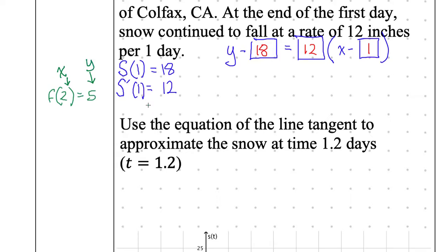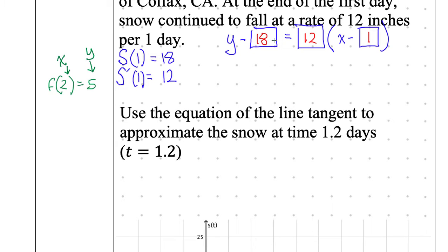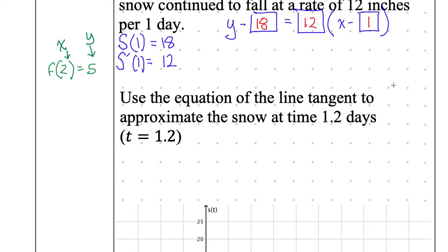All right, so now we're actually going to use this equation that we found to approximate how much snow there is at 1.2 days. So I'm going to rewrite y minus 18 is equal to 12 times, and then in the space of x, leave a blank, minus 1.